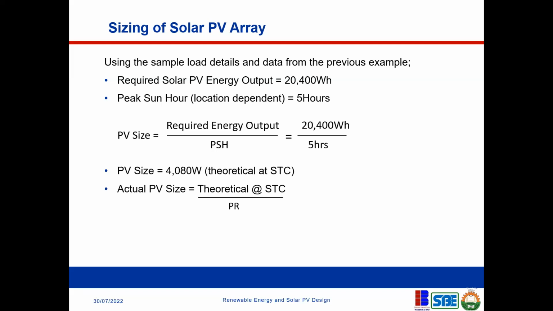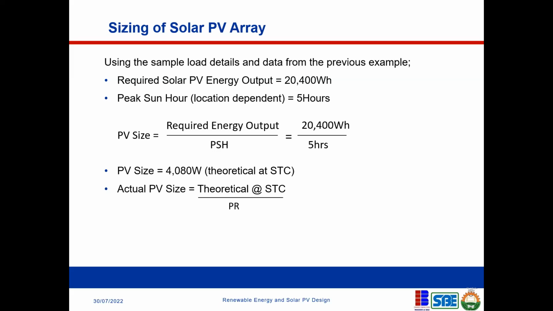To get the actual PV size, we have to divide that theoretical size that we have as standard test condition by the performance ratio. Now, the performance ratio is assuming your PV is rated 400 watts. That 400 watt is at standard test condition, but because you're not operating at standard test condition, the losses will reduce the output from that PV system.